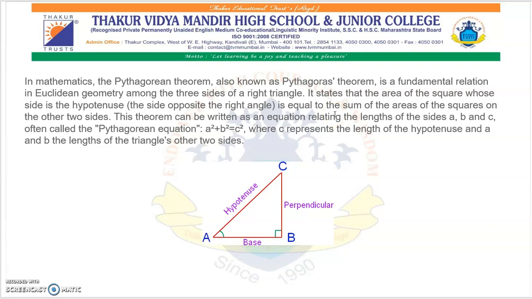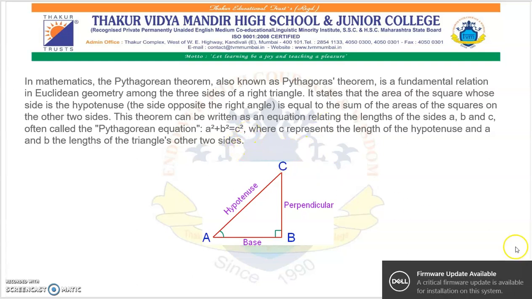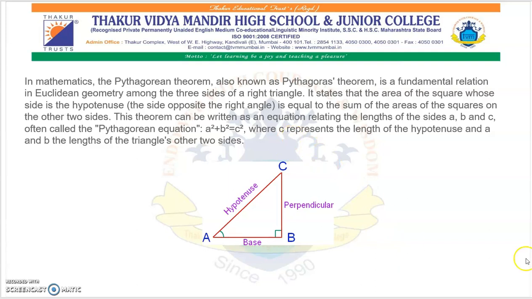This theorem can be written as an equation relating the length of the sides a, b and c, often called the Pythagorean equation. a square plus b square equals c square, where c represents the length of the hypotenuse and a and b are the length of the triangle's other two sides.